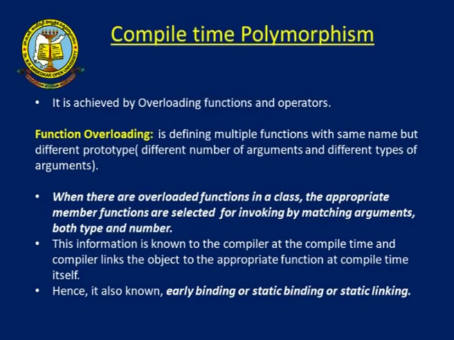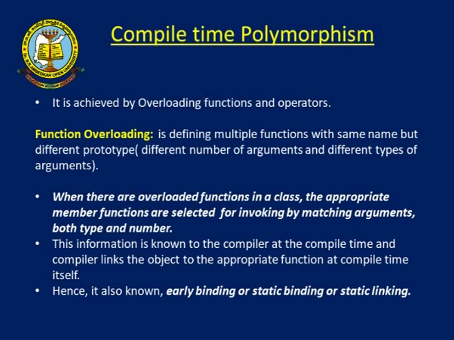A function is a reusable block of code that is executed whenever you invoke it using an object. Here the function is a member function or a method in a class, and function overloading is a process of defining multiple functions all with the same name but with a different number of arguments and different types of arguments.